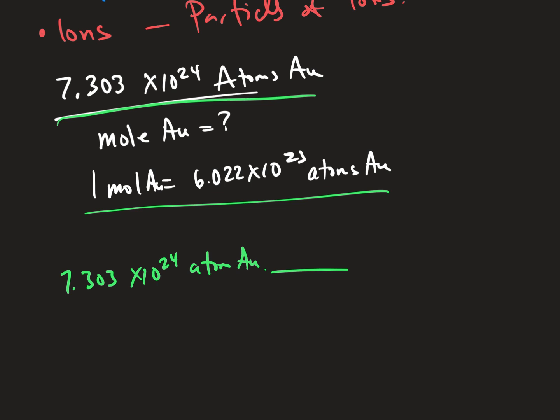All right. So do we want atoms of gold in our answer? Where does it go? If we don't want it, where do we put it? On the bottom. So atoms, we know atoms to what? To moles, right? We use that one. We're not going to use that one again. See if we can use this one.